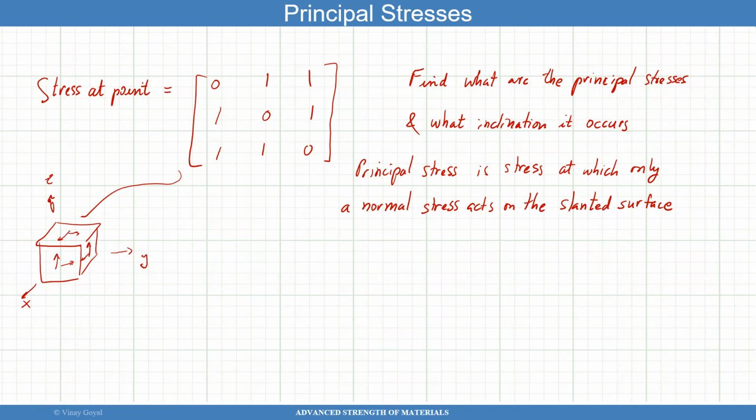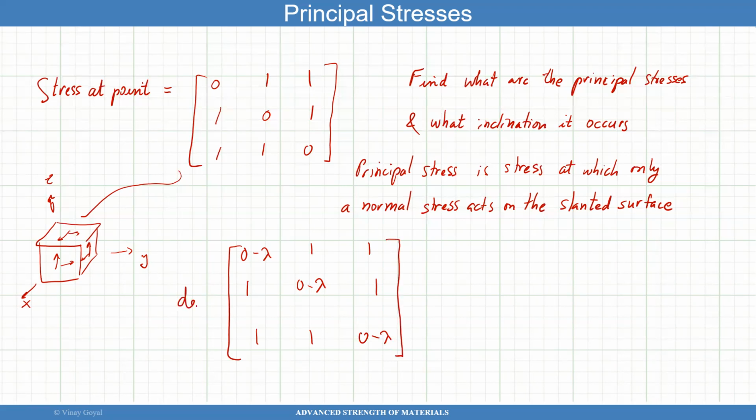But there is a slanted surface where there is actually a normal stress. So I need to construct the eigenvalue problem. I just take the diagonal components and subtract lambda. So I have 0 minus lambda, 1, 1; 1, 0 minus lambda, 1; 1, 1, 0 minus lambda.